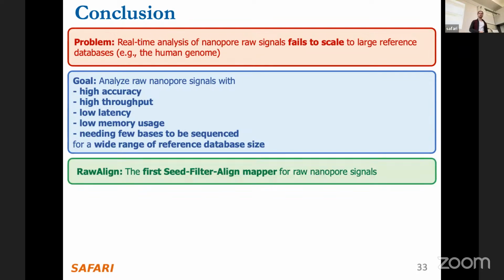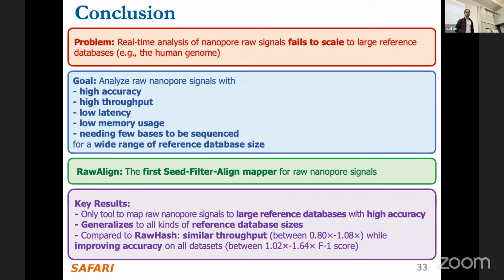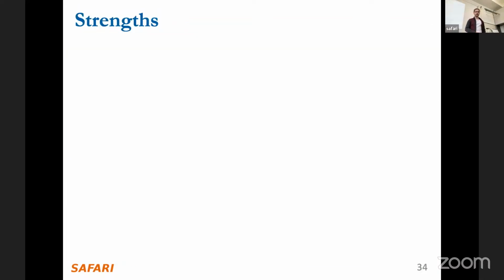And to this end, we proposed RawAlign, the first tool that combines these seeding, filtering, and alignment steps for raw nanopore signals. And we observed that it really does well for large reference databases. It works for all kinds of reference database sizes, and especially compared to RawHash, it barely loses throughput, but significantly improves the accuracy.